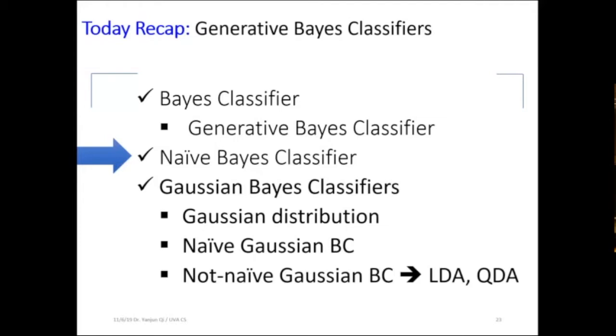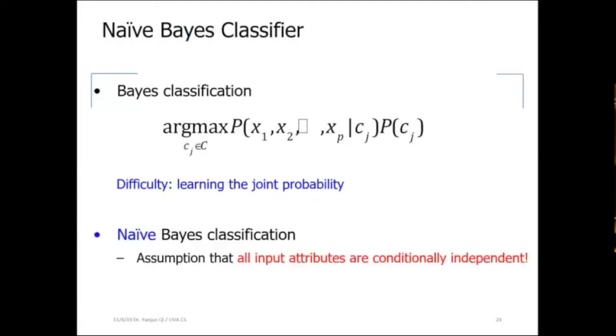That's not feasible at all, because there are just too many things: 2 times 2 times 2 and so on, equals 2 to the p, then times the number of possible classes.